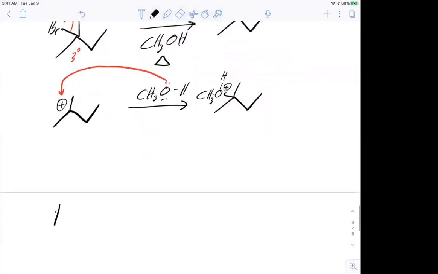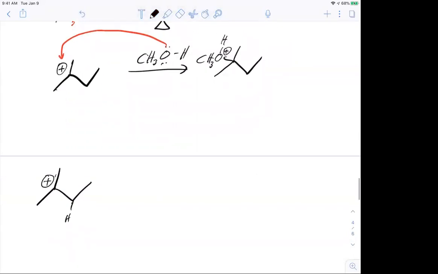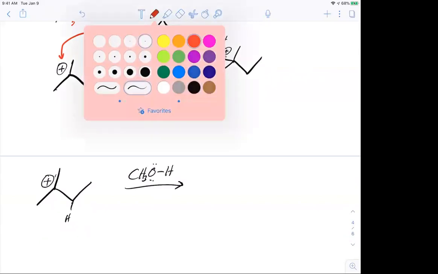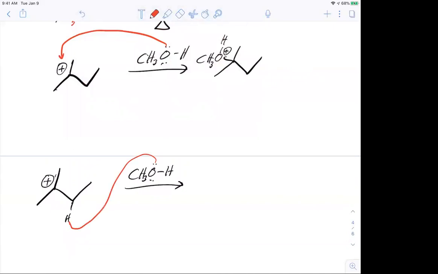I could also have, though, the CH3OH potentially act as a base, not a great base, but a base. And with the carbocation, just like with the substitution, I can end up with the elimination.